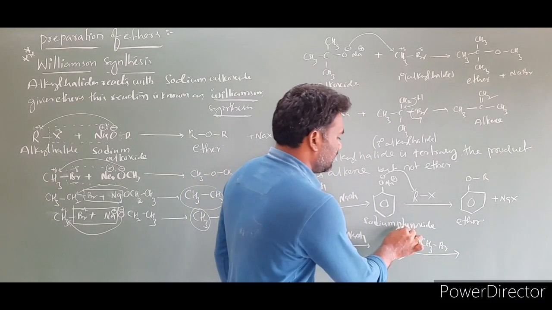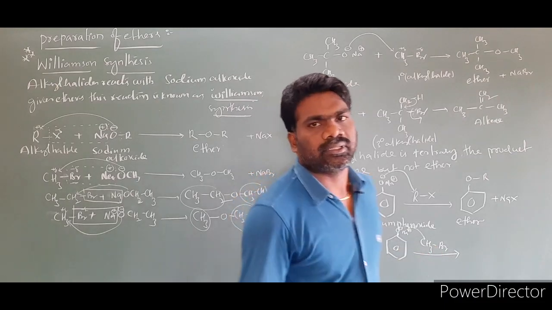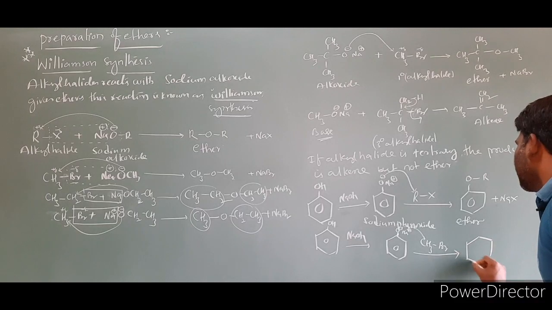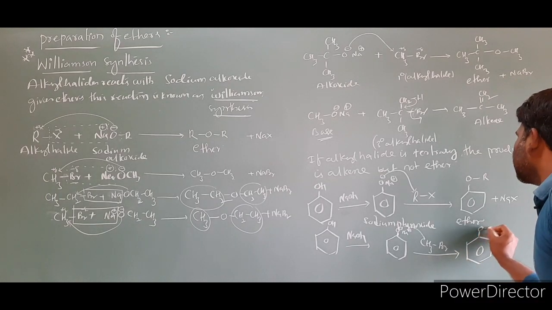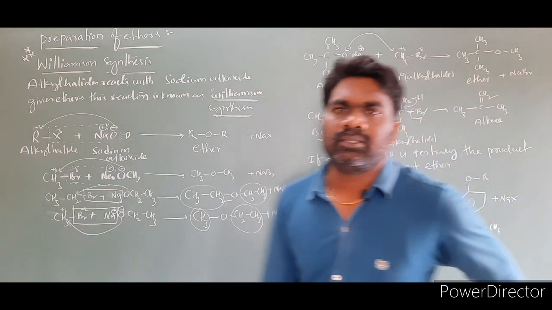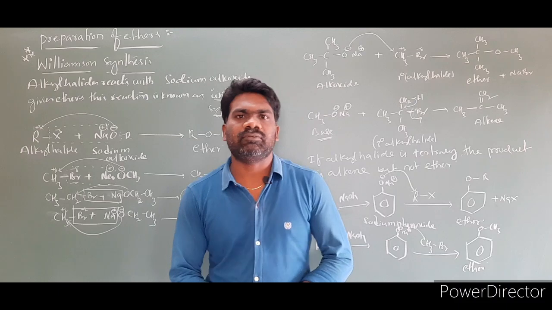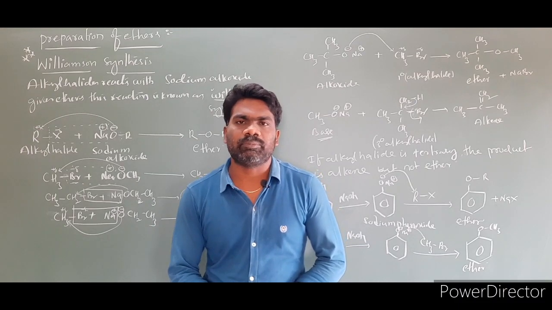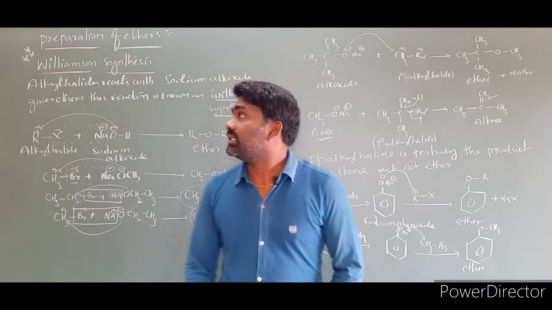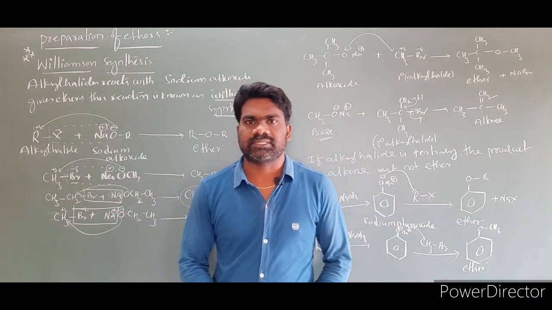This negative charge oxygen attacks this carbon. Then what is the product we can expect? Upon the benzene ring, we write OCH3. So this is nothing but ether. The point is, by using Williamson synthesis, we are able to prepare ethers from phenols. This is Williamson synthesis.